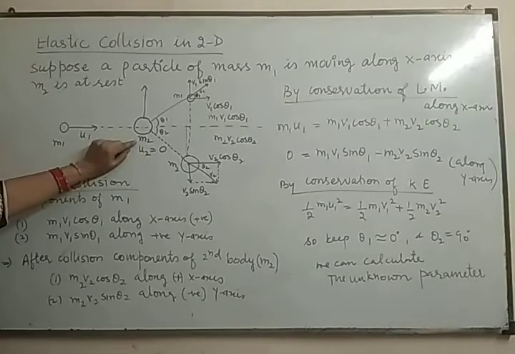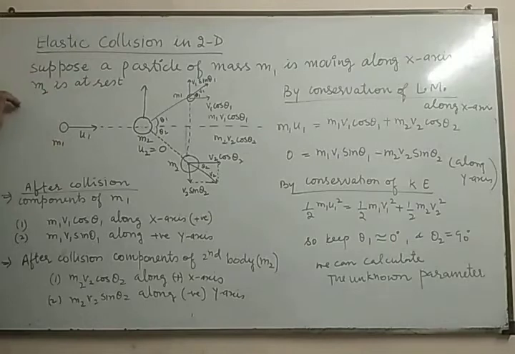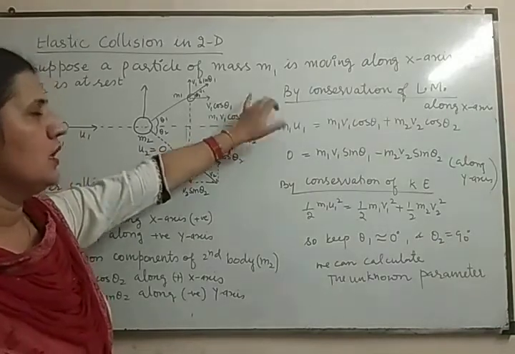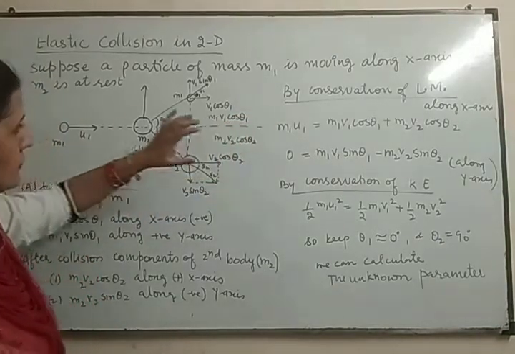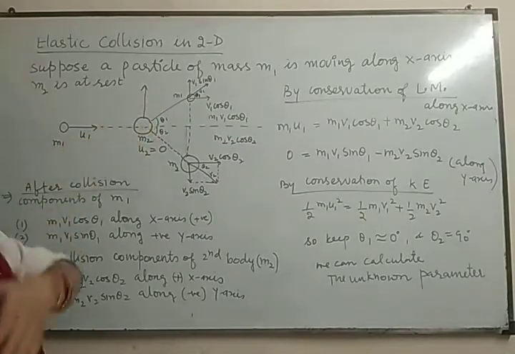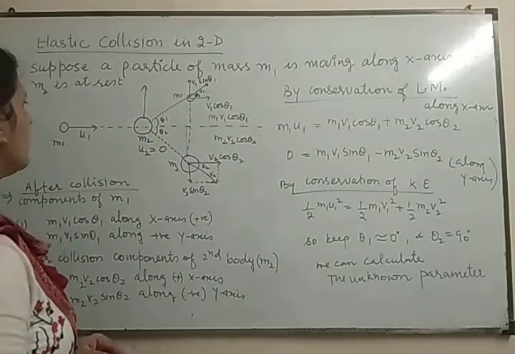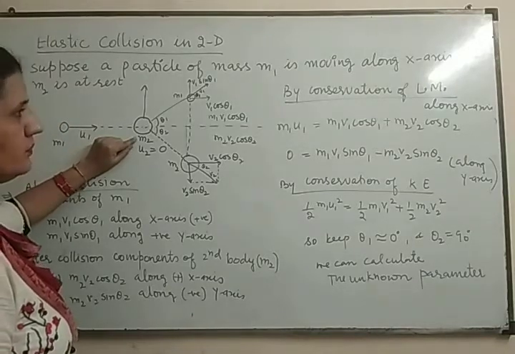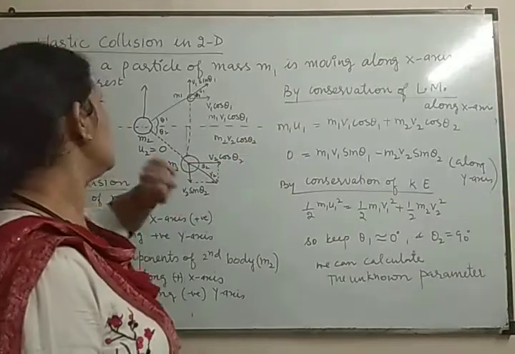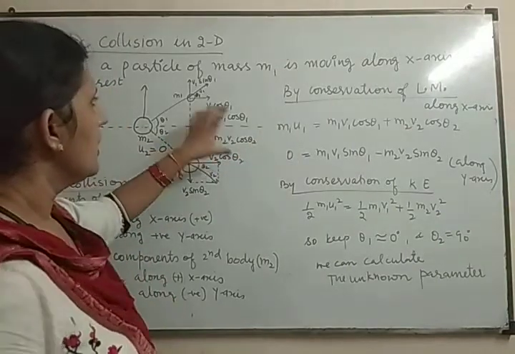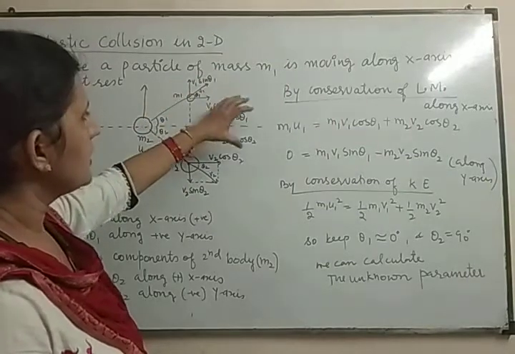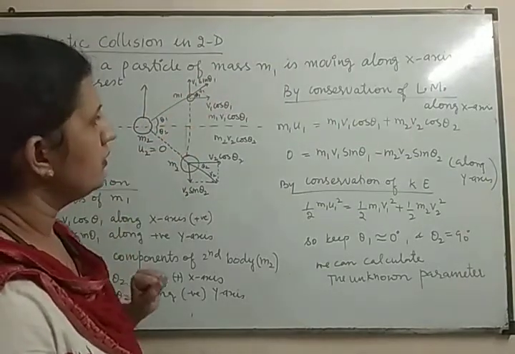As we did the equations for collision in one dimension, we follow the same rule, starting with conservation of linear momentum along the x-axis. According to the conservation law, the linear momentum before collision, m1 u1 plus 0, is equal to the momentum after collision. After collision there is momentum along the x-axis and along the y-axis.